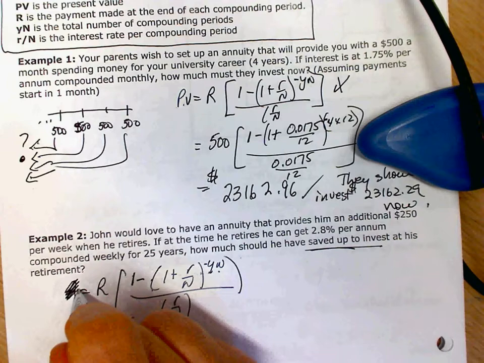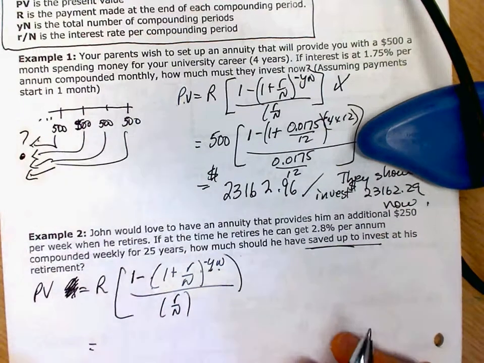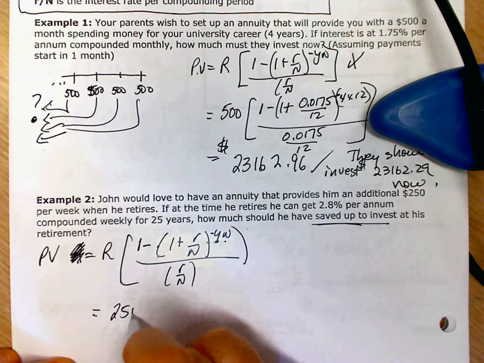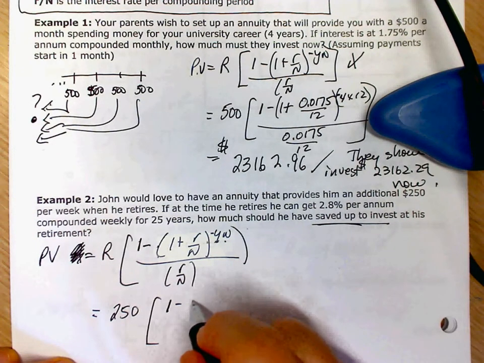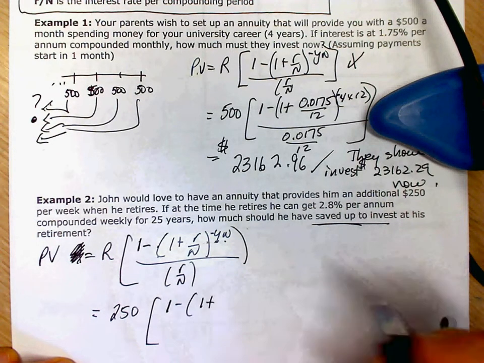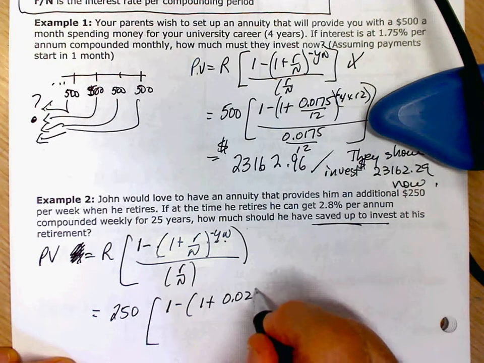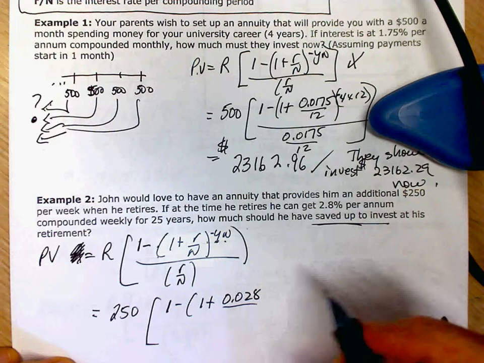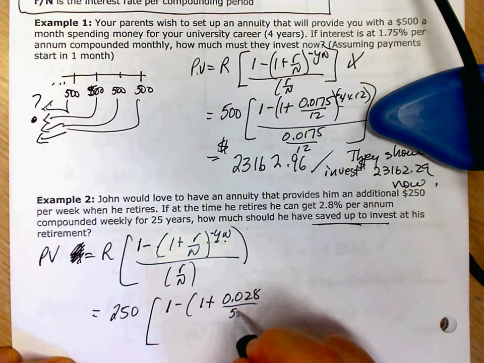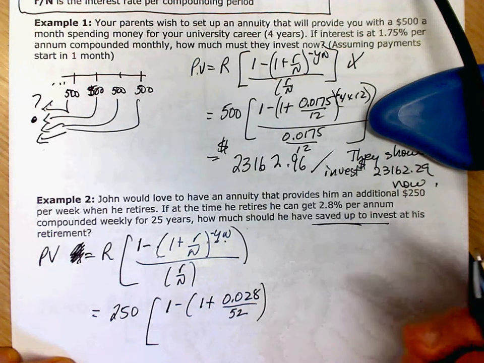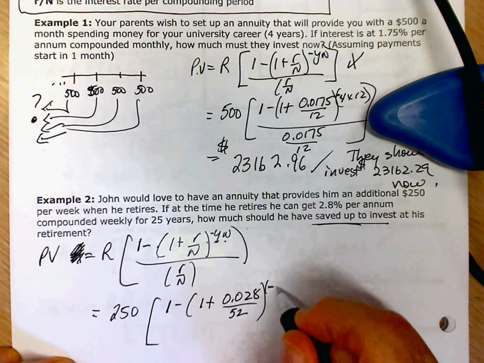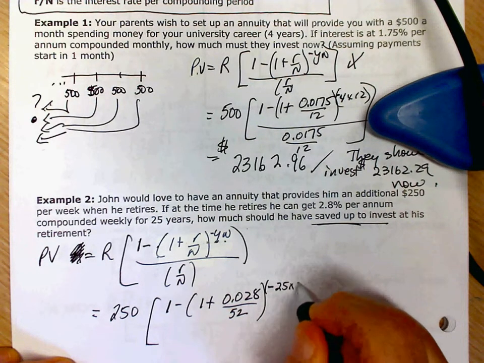PV equals 250 times 1 minus 1 plus 0.028, and it's 250 per week, so that's 52 for 25 years? Holy smokes. 25 times 52. That's a lot of... 1300.